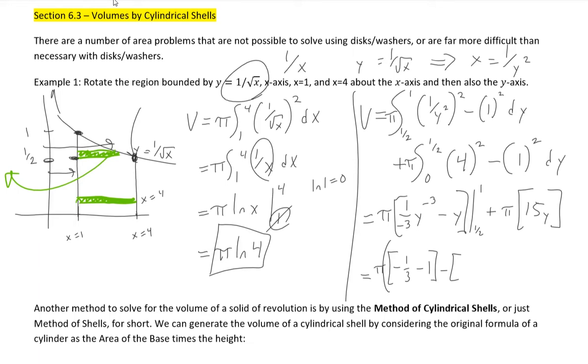If I plug in 1/2 into that, I get 1 over 2 to the 3rd, or 1 over 8, and that would flip to the other side, so you get 8/3 negative. And if I plug in 1/2 here, I just get minus 1/2. And then plus pi, this one going from 0 to 1/2. The 0 doesn't even matter, I could just plug in 1/2 right now and call that one a day. That gives me 15/2. So pi times 15/2.